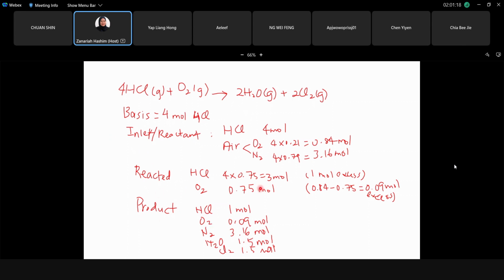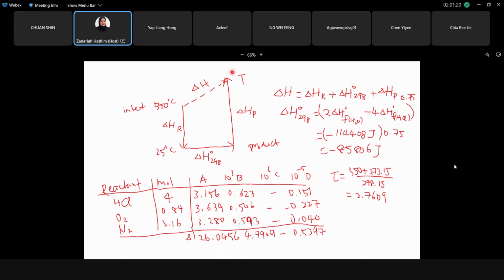And then from there, you can calculate the heat of reaction. In this case, the heat of reaction here, you have to times 0.75, because it only 75%. So this heat of reaction must be according to the actual reaction that took place, mesti berdasarkan mole number yang terlibat. And then you can calculate for the reactant stream and also the product stream.